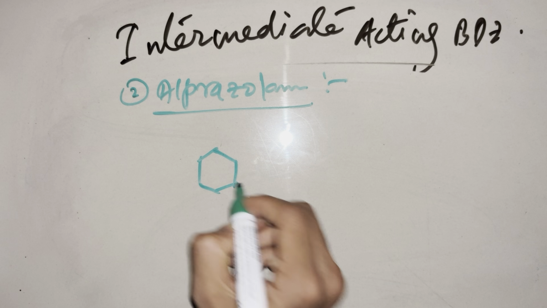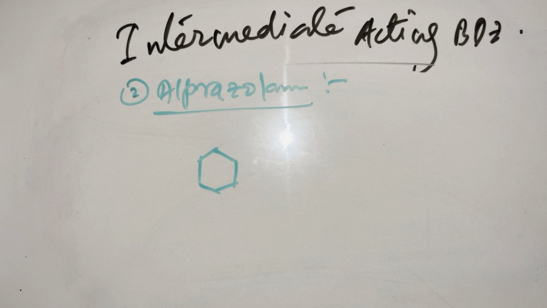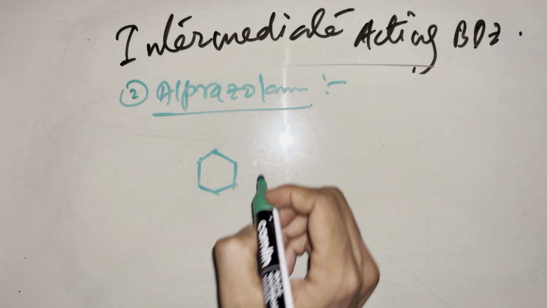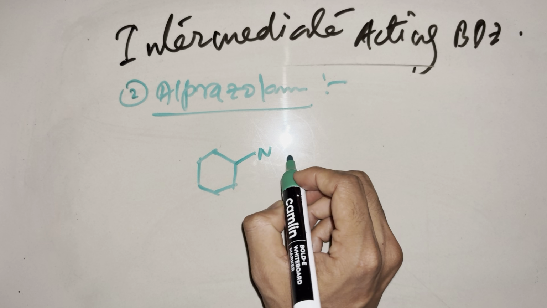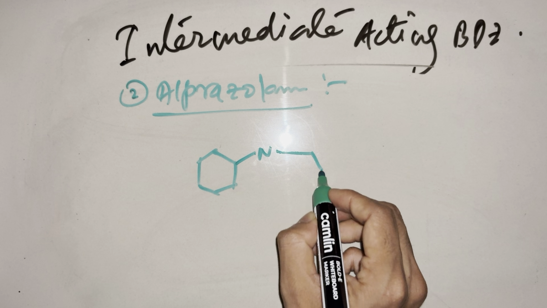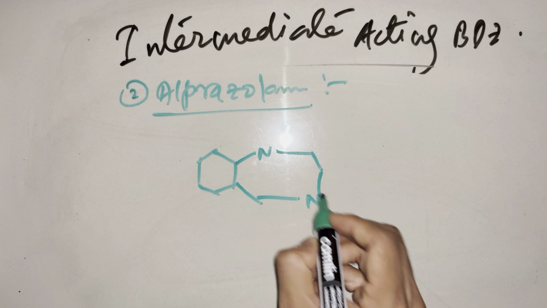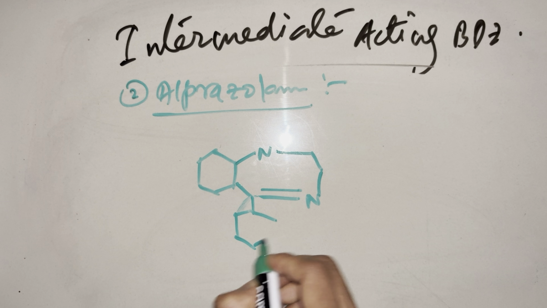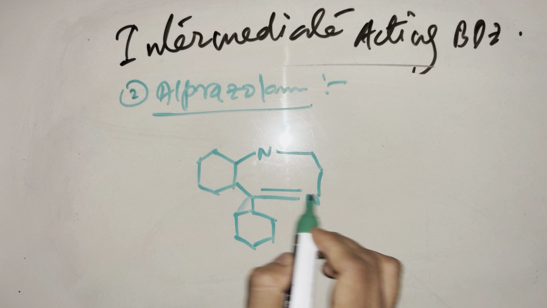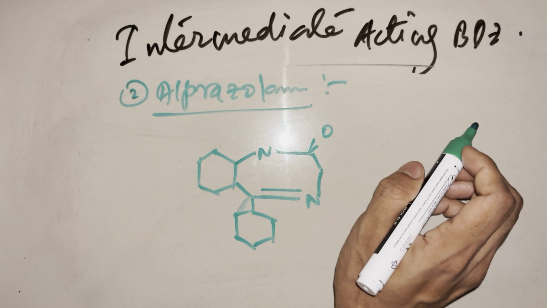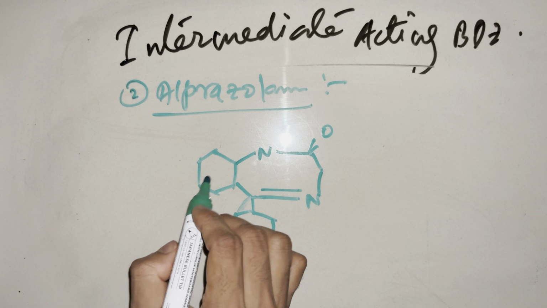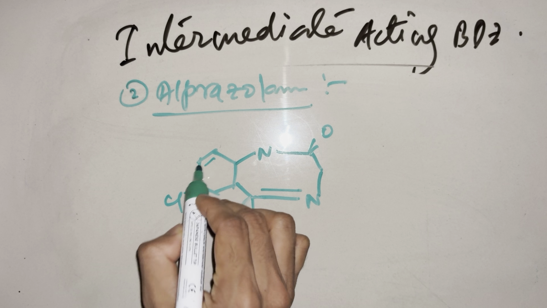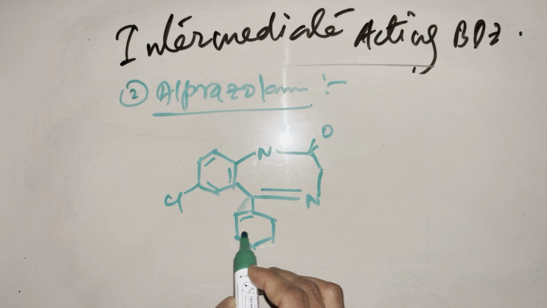What is the name of that ring structure? 1,3,4-triazolyl benzodiazepine. So write the scaffold, the basic scaffold. That is the basic structure. So this is the basic structure of benzodiazepine. In this you will see at 5th position a phenyl group, at 2nd position a double bond O. This is the basic structure, yes or no? This is the benzene ring. This is also a benzene ring.